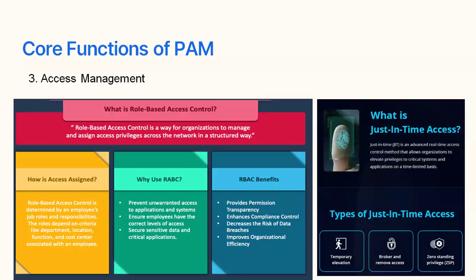There is also a new concept coming up called zero standing privileges, which grants access only when the user wants it, and it is removed after that. So role-based access control helps us mitigate the risk of having unlimited privilege for any user.